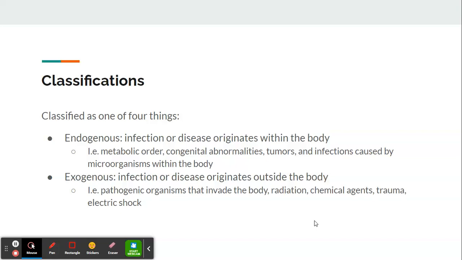This could be something like a metabolic disorder, congenital abnormalities, a tumor, or an infection that's been caused by a microorganism inside the body. Exogenous is going to be something that starts outside of the body. So a pathogen that then invades the body, something like radiation, chemical agents, trauma, electric shock, something that comes from outside of the body.